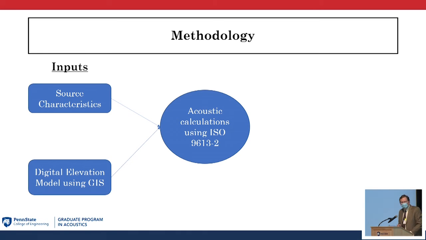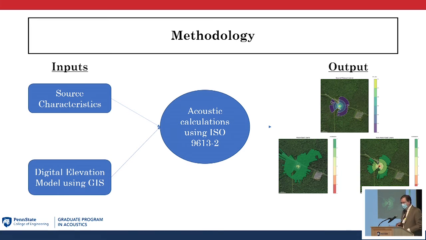And we're doing simple calculations with the ISO 9613 Part 2 international standard for outdoor sound. That's actually a barrier standard, but we're extending the use of barriers to be used for terrain. And the outputs you get are sort of sound maps, as you can imagine.